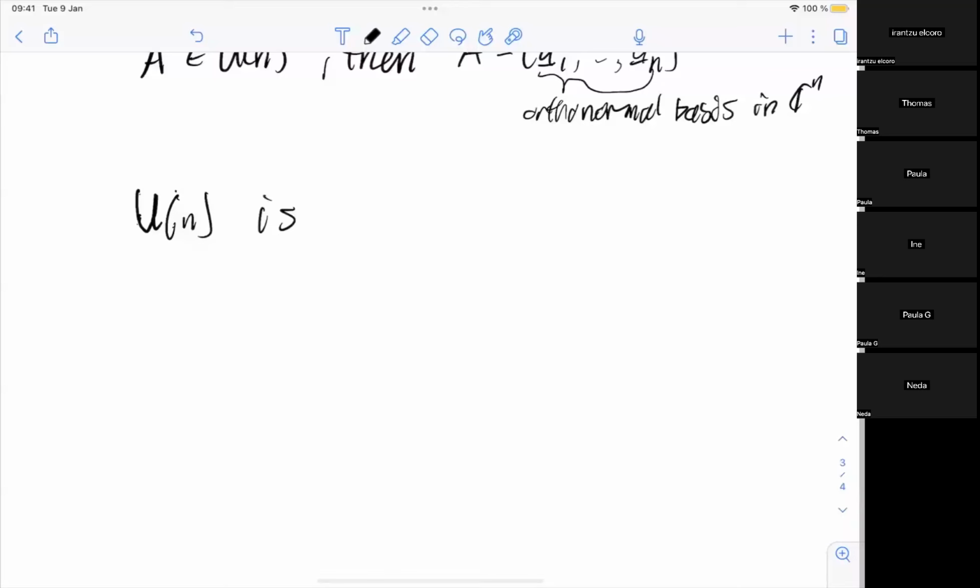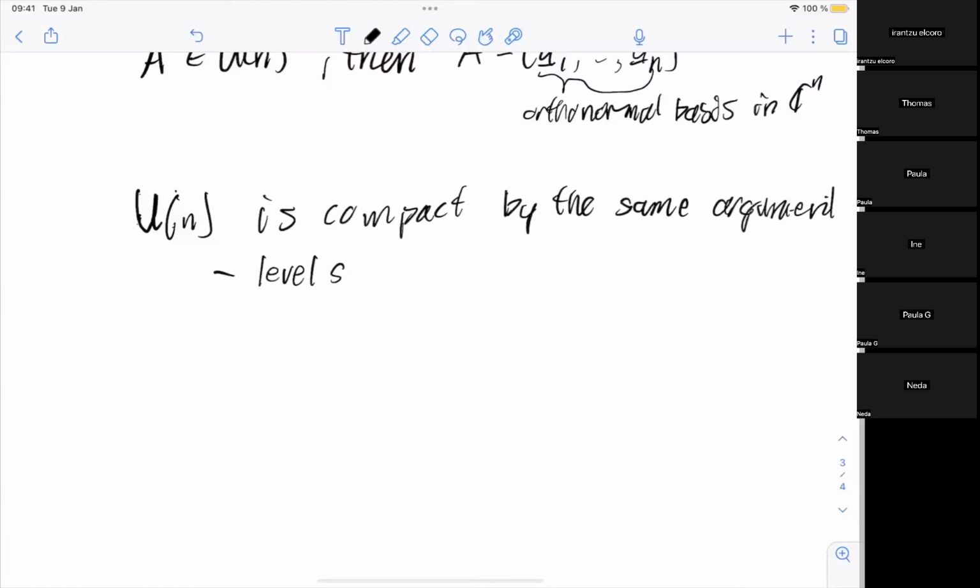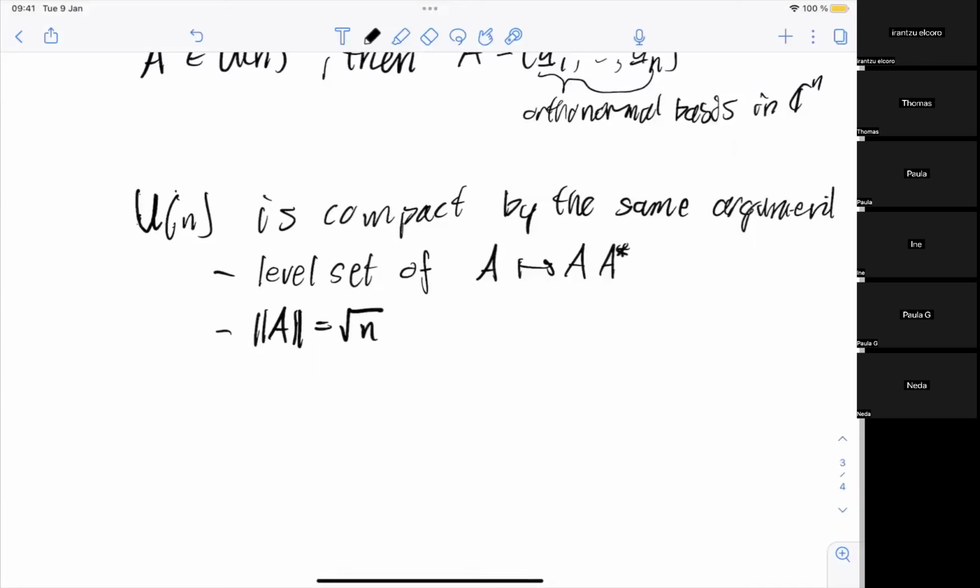So Un is then an example of something that is also compact. It's like a level set of the map A maps to A conjugate transpose A. And you can also check that all of these have length square root of n.